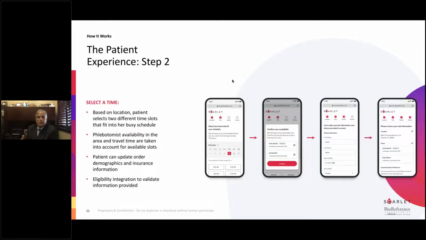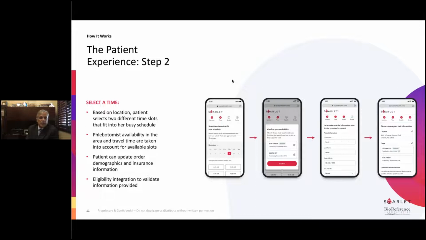So to eliminate the process of them going back into the portal and picking a second date, initially they already have that second collection date selected. It will default automatically to that second collection date that the patient scheduled originally, to make it more seamless for that patient. The phlebotomist availability in the area and travel time are all taken into account for these time slots that will appear and be available to the patient based on their geographical area.